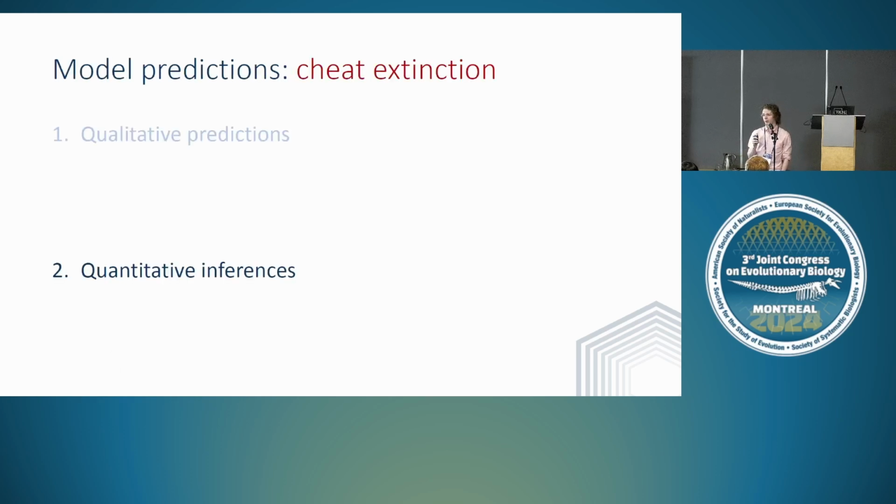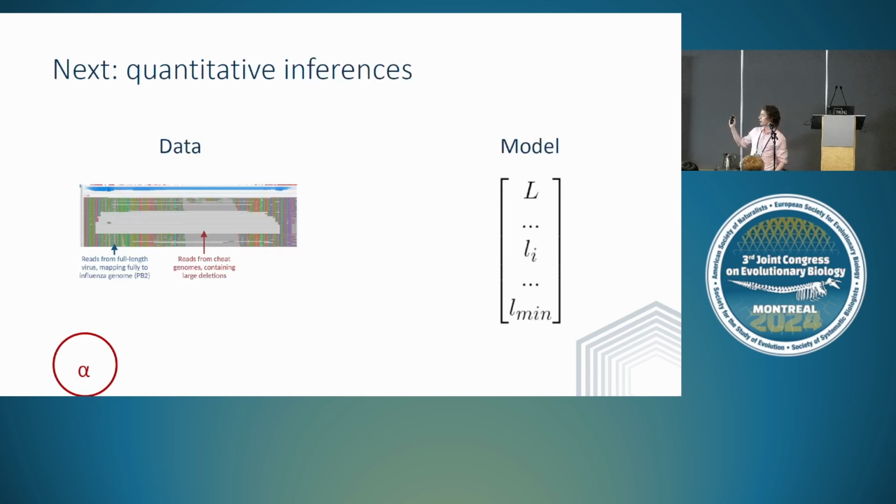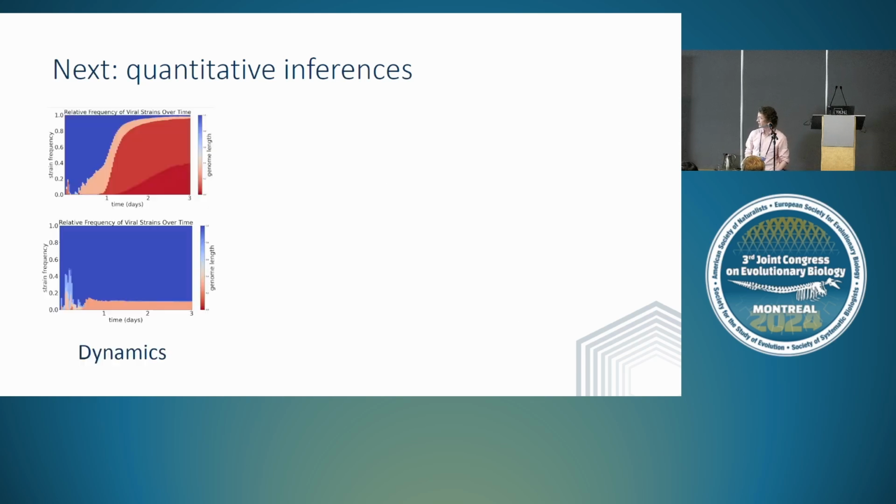The next thing I want to do in this model, and this next slide is very much a work in progress, is use the fact that we're explicitly modeling the data that we can observe to try to draw quantitative inferences from natural data sets. In particular, we can simulate these dynamics under different assumptions about the cheat advantage and other parameters that we care about.